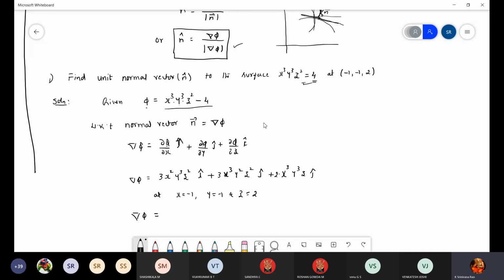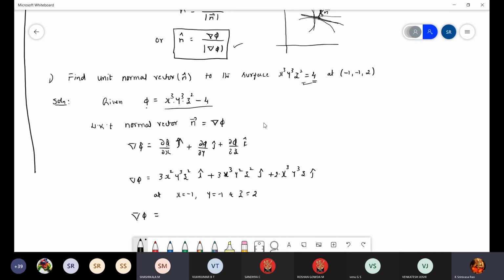Calculate, it should be correct. First term.